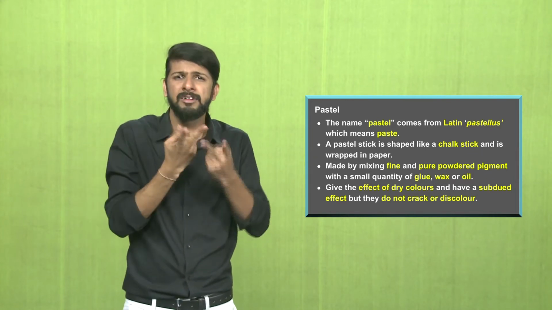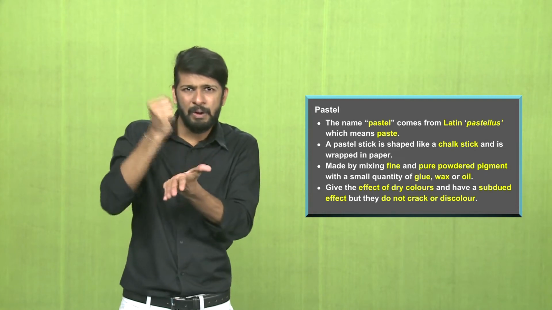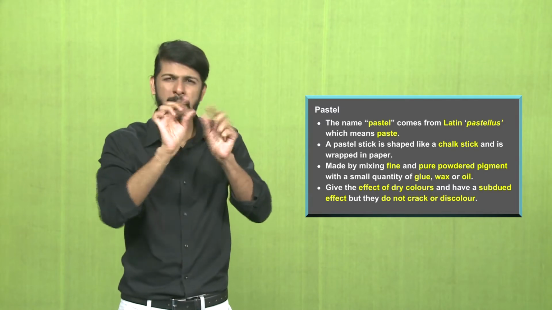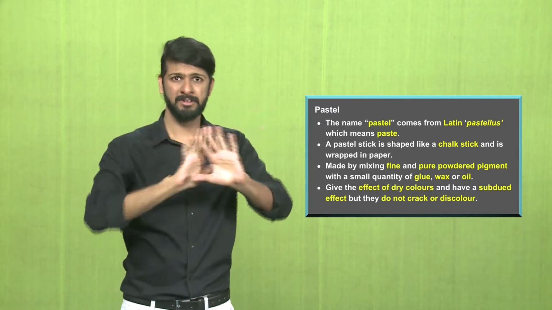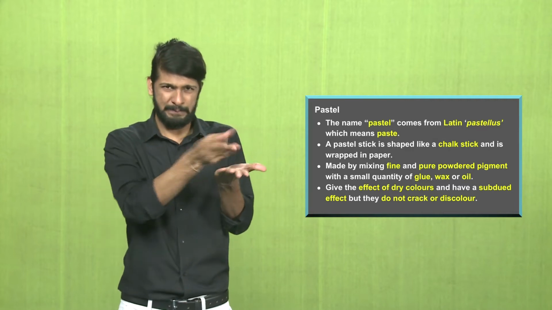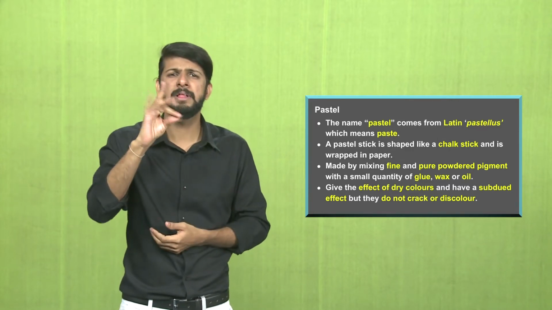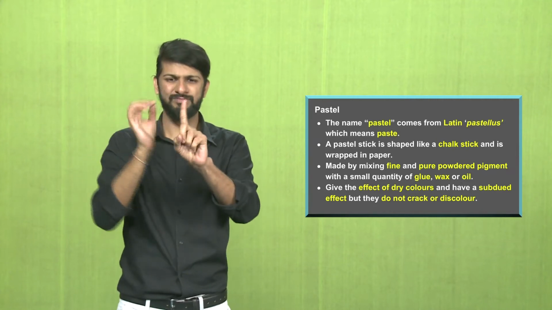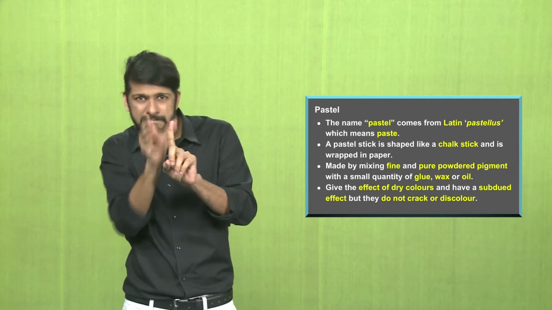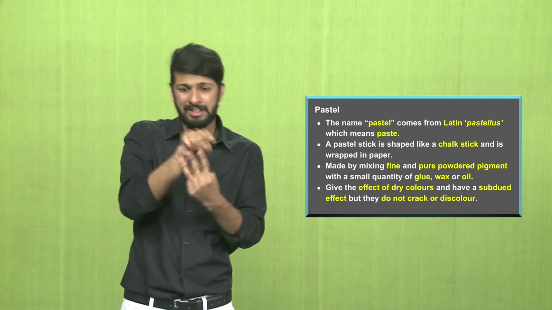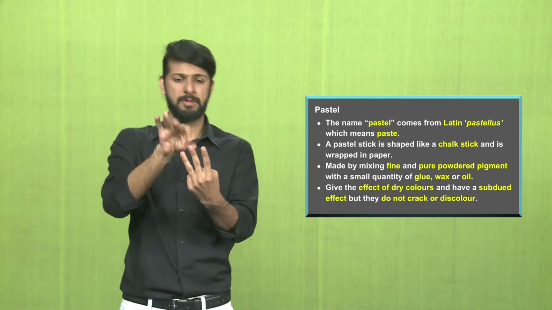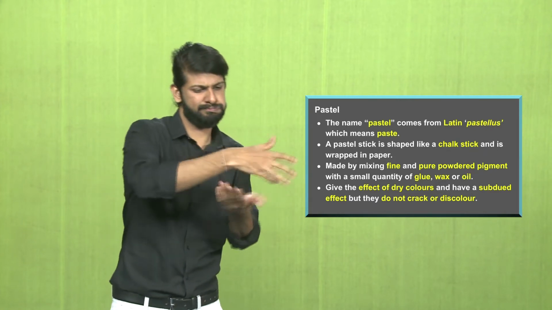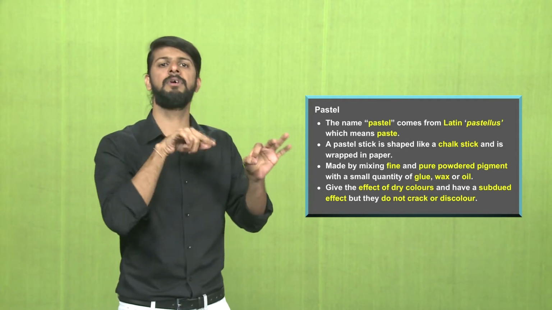It is made by mixing fine and pure powdered pigment, that is color pigment. It is finely ground and powdered, and then you use a small quantity of either glue or wax or oil. Any of these items is mixed with fine and pure powdered color pigments, and that is how a pastel stick is made.